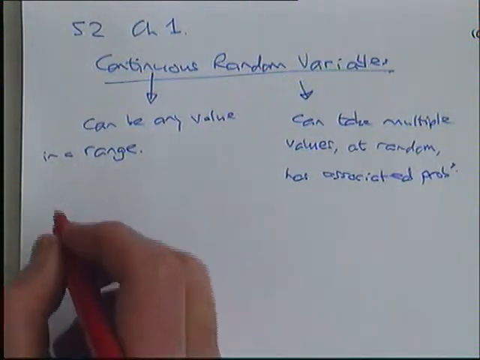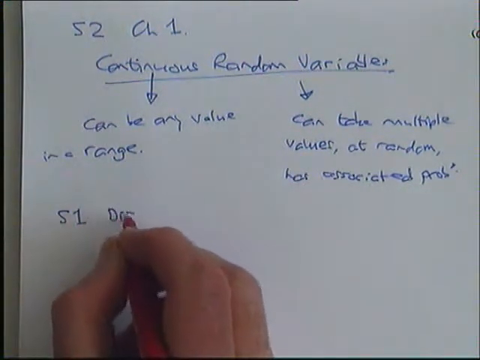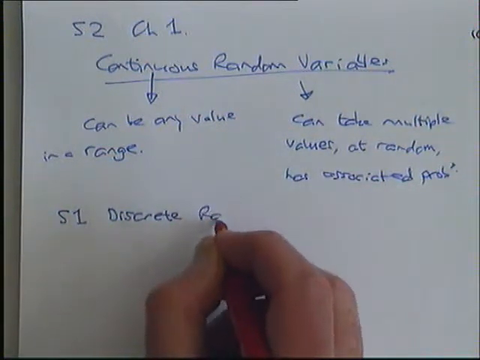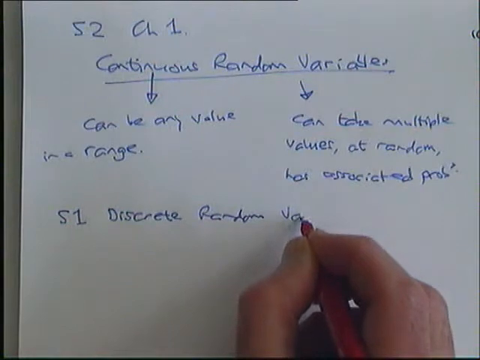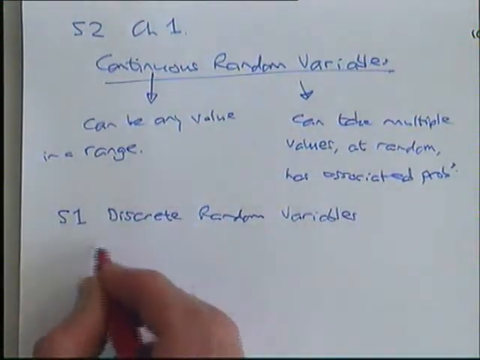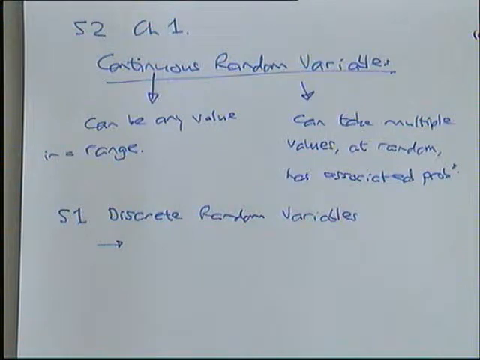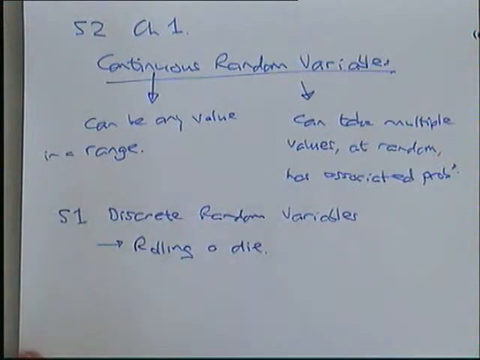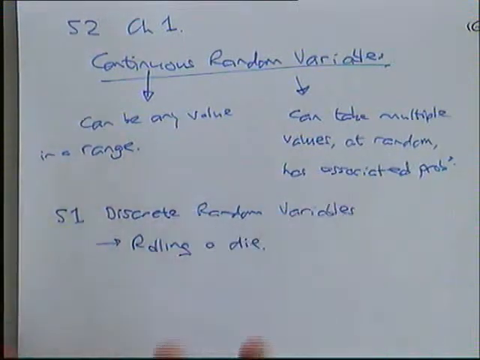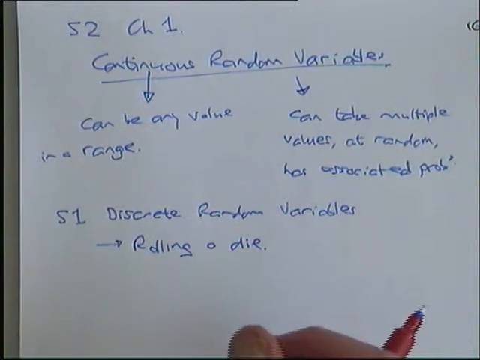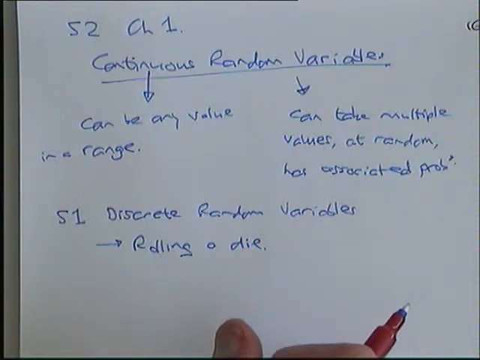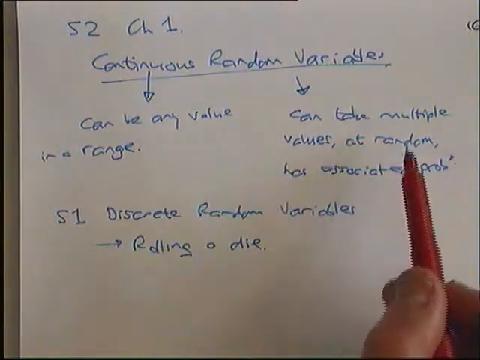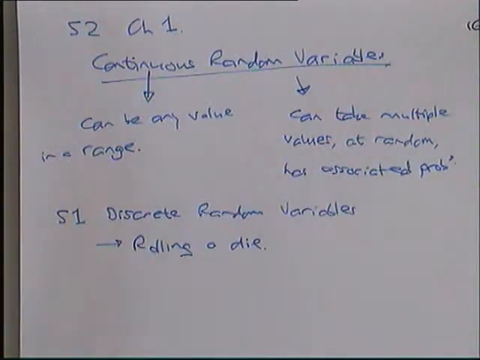So what you should have done in S1 was discrete random variables. And the thing that Sam mentioned already was, for example, rolling a dice, or a die if it's singular. If you were just thinking back to S1 and rolling a dice and the multiple values and associated probabilities, how might you draw it out?